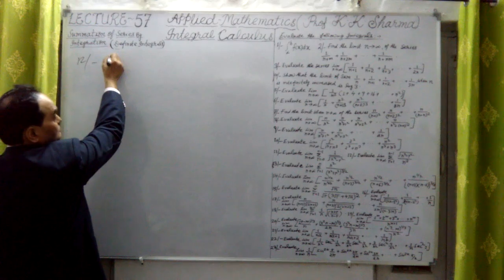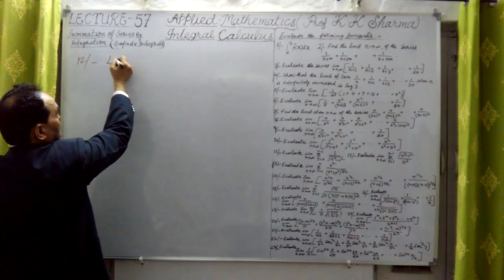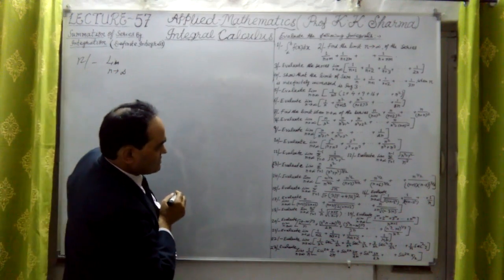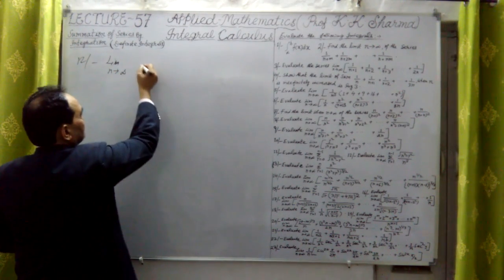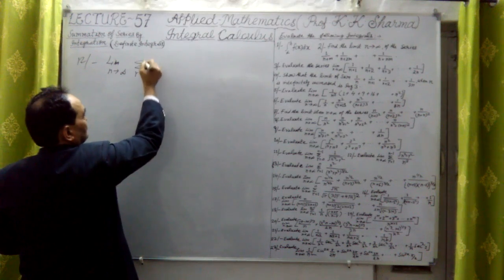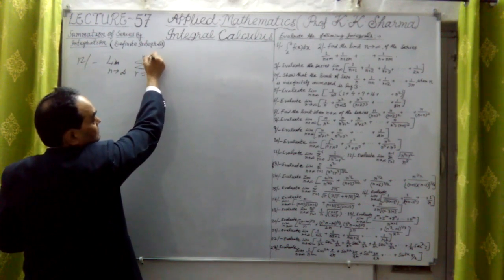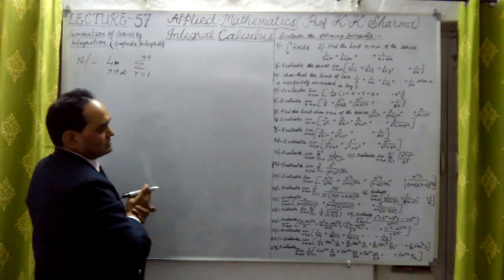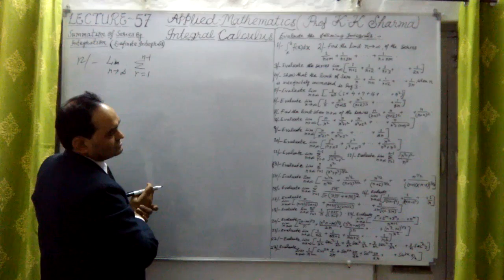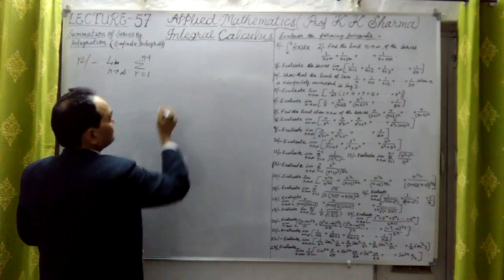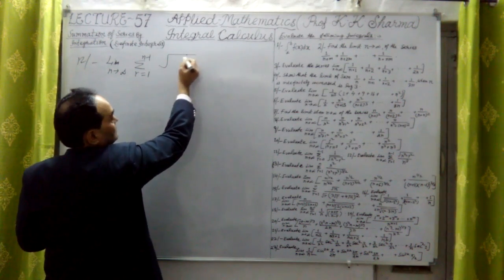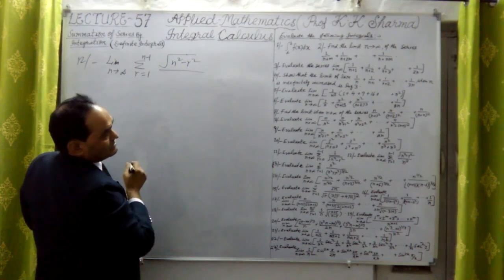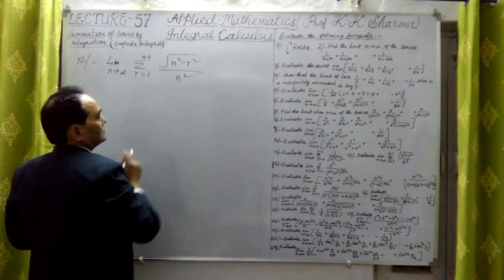Evaluate the limit as n tends to infinity of the sum over r equal to 1 to n minus 1. Again, we take r equal to 1 to n minus 1, not a problem. Under root, it is n square minus r square divided by n square.